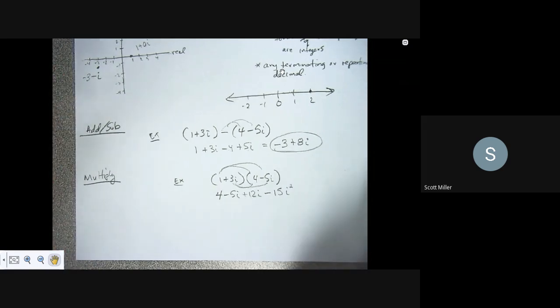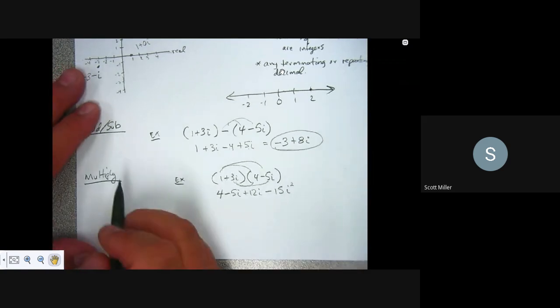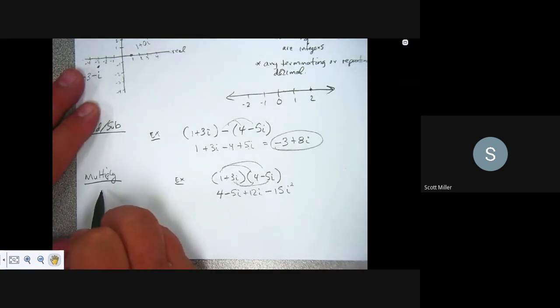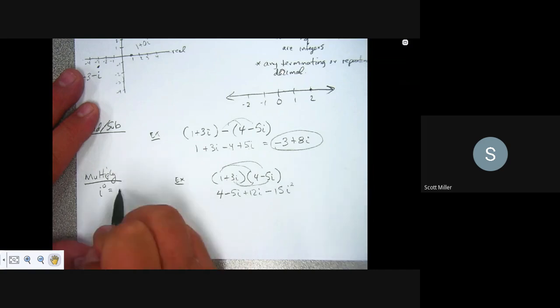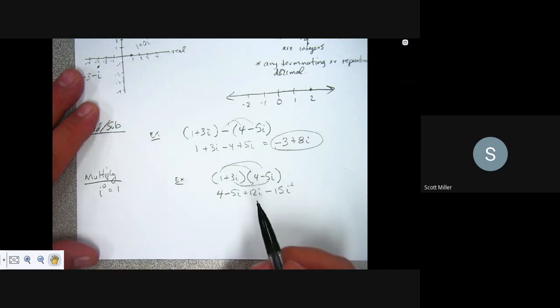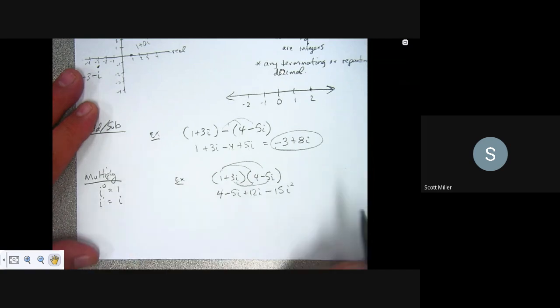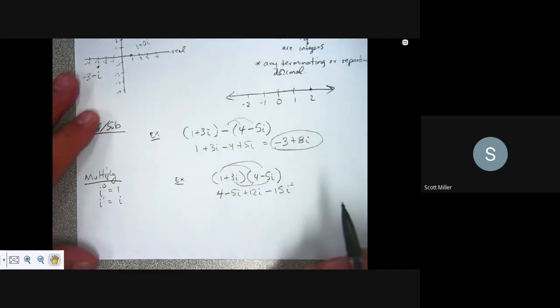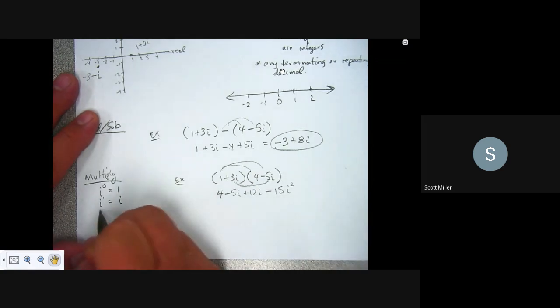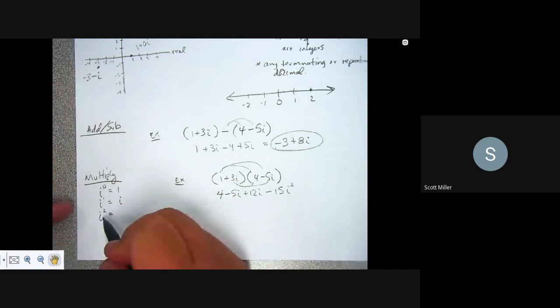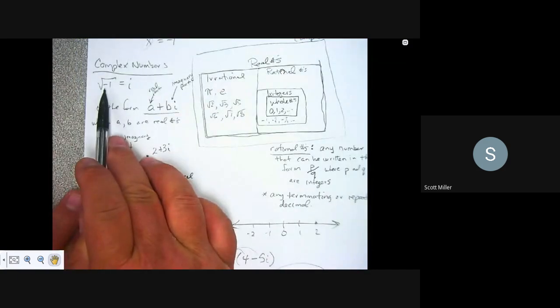Well, to answer that question, I want to show you this thing that you might want to remember: the cycle of i. i to the 0 power. Well, remember, that's an exponent. Anything to the 0 power is 1. What is i to the 1st power? Well, that's just i. What is i to the 2nd power? Well, i, by definition, is the square root of -1.